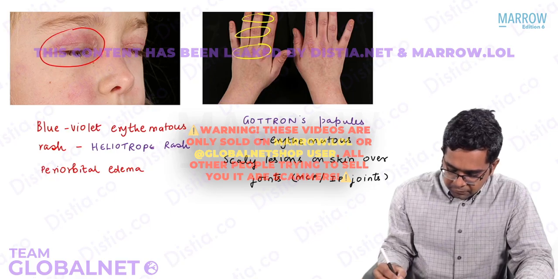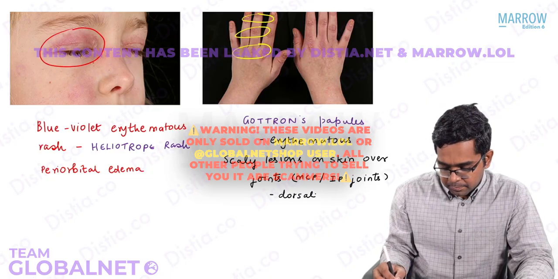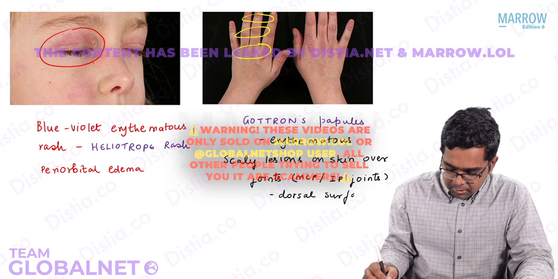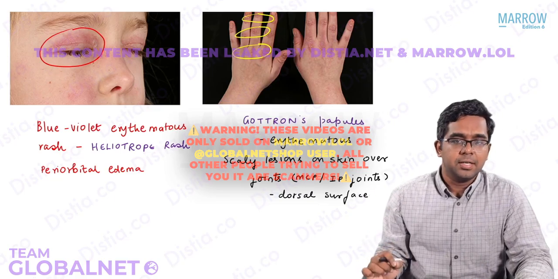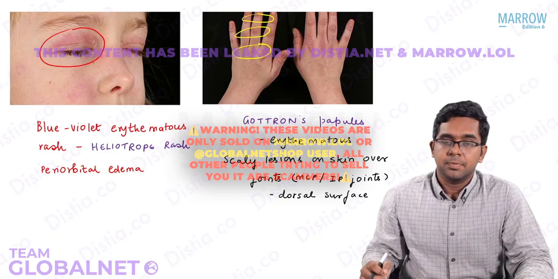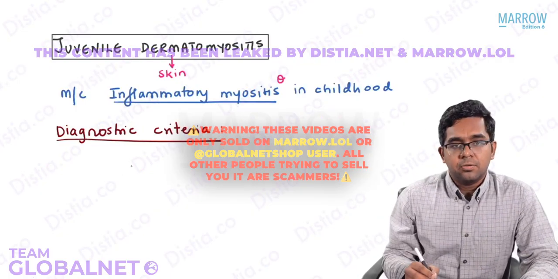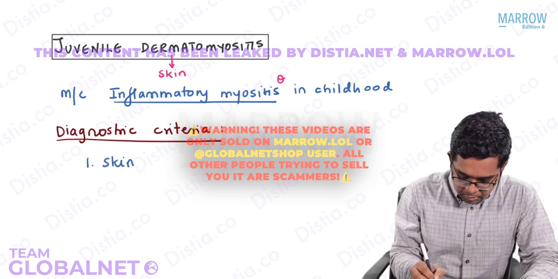This surface is what we call the dorsal surface. Okay, so this is the description of Gottron's papule. These two are very important findings which are associated with juvenile dermatomyositis. As I was telling you, in the diagnostic criteria, the skin findings are very, very essential for diagnosis.